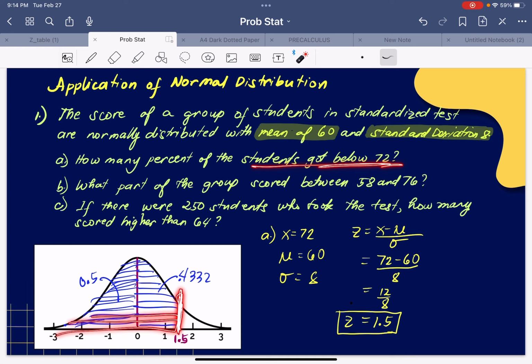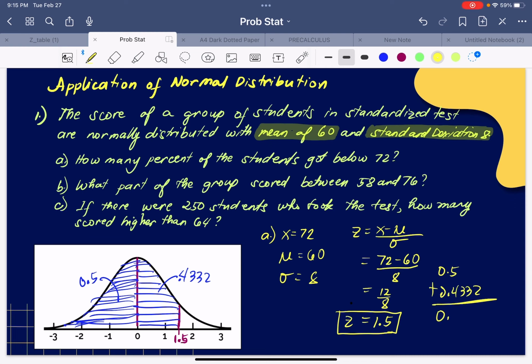So we're going to shade the left side. So what is the area of this? So we're going to add 0.5 and 0.4332. Okay. So 0.5 plus 0.4332. So that is 0.9332. So the question is, how many percent?